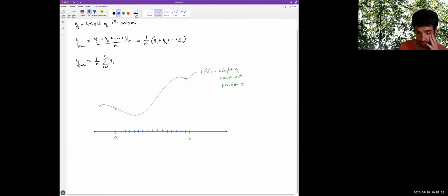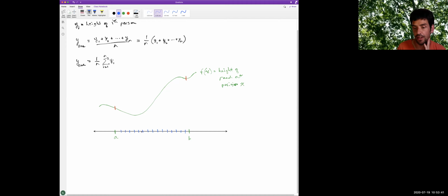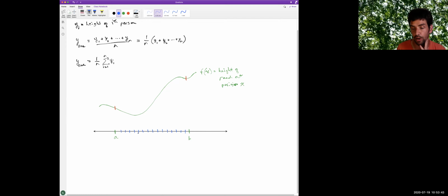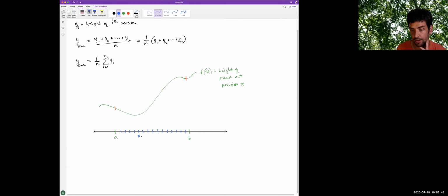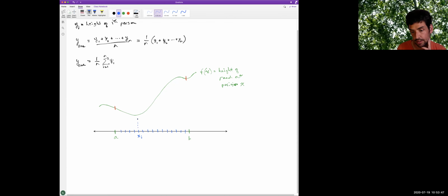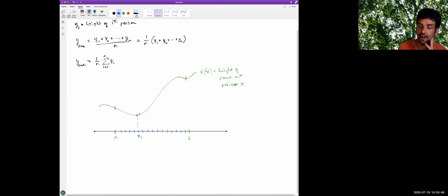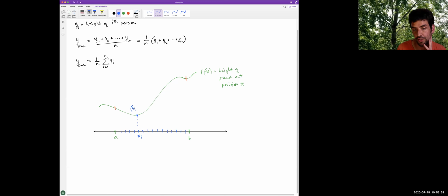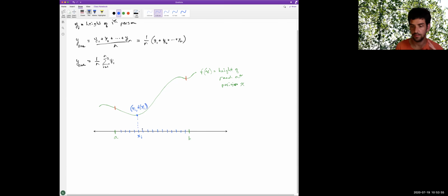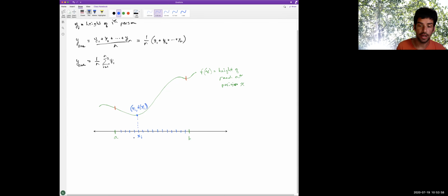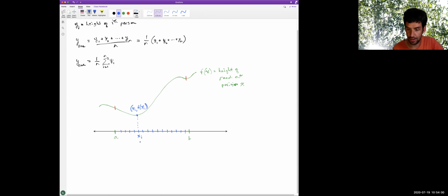So if this is x sub i, then its height is just the value of my function, f of x sub i. So at each point we have height f of x sub i.